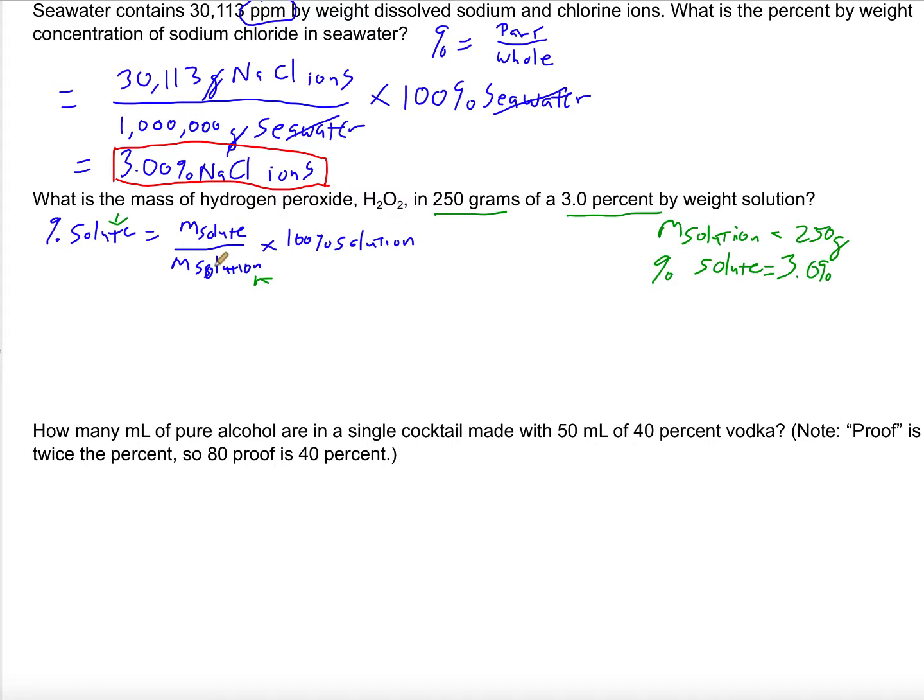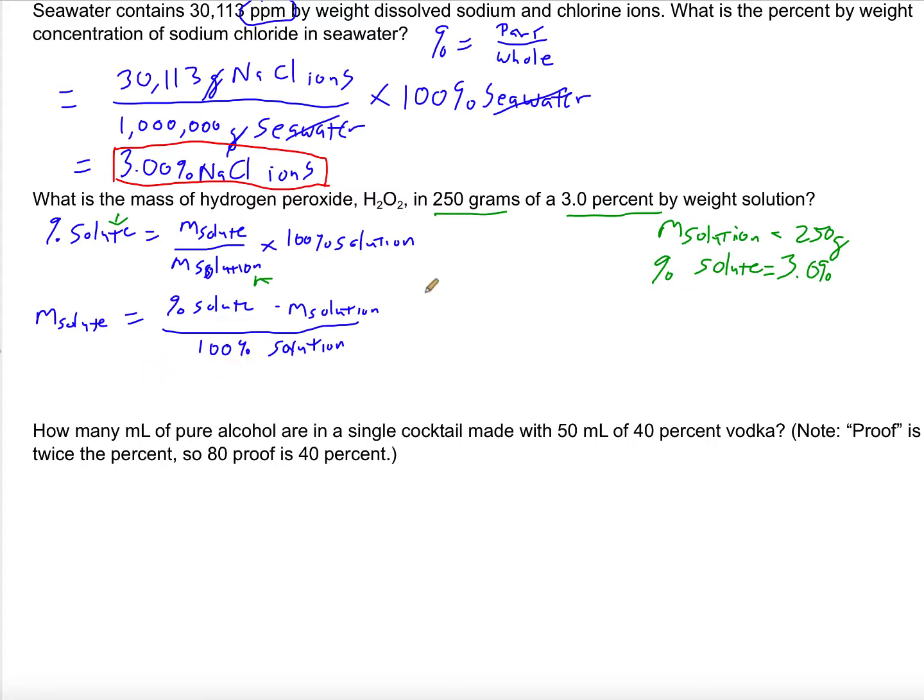So we can solve this equation and say that the mass of the solute is equal to the percent of the solute times the mass of the solution divided by 100% solution. Now we know everything on the right hand side.